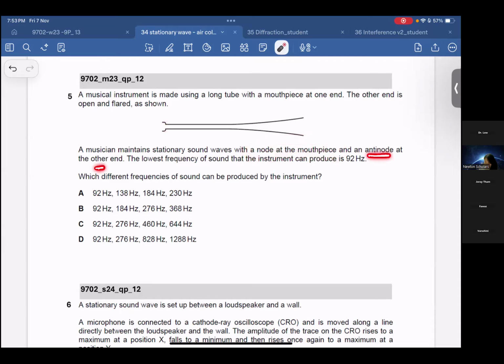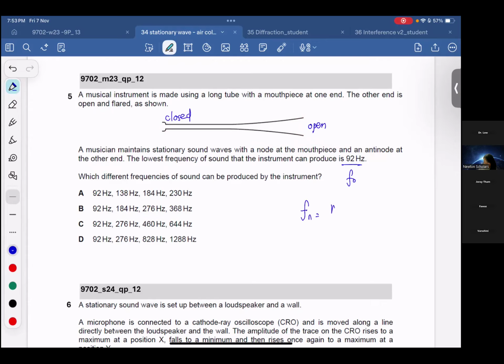The lowest frequency is F0. Again, this is open, this is closed. So our continued frequencies will be nF0, again n only 1, 3, 5, 7 and continuing.